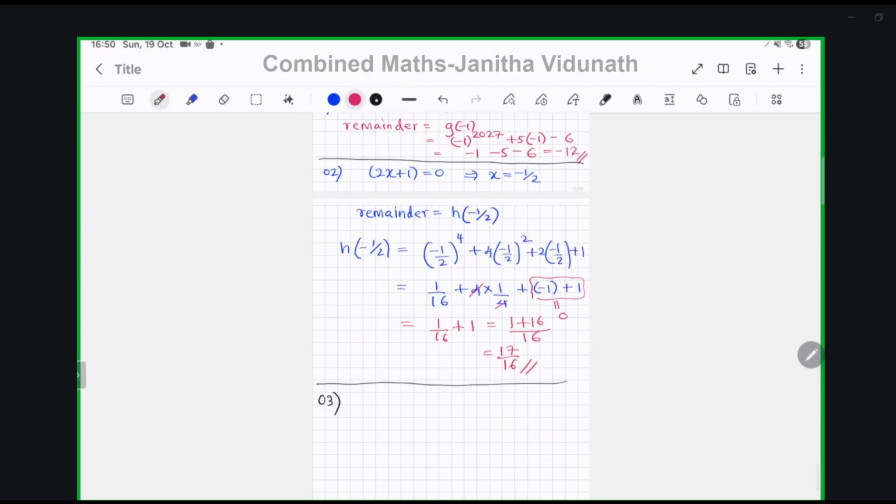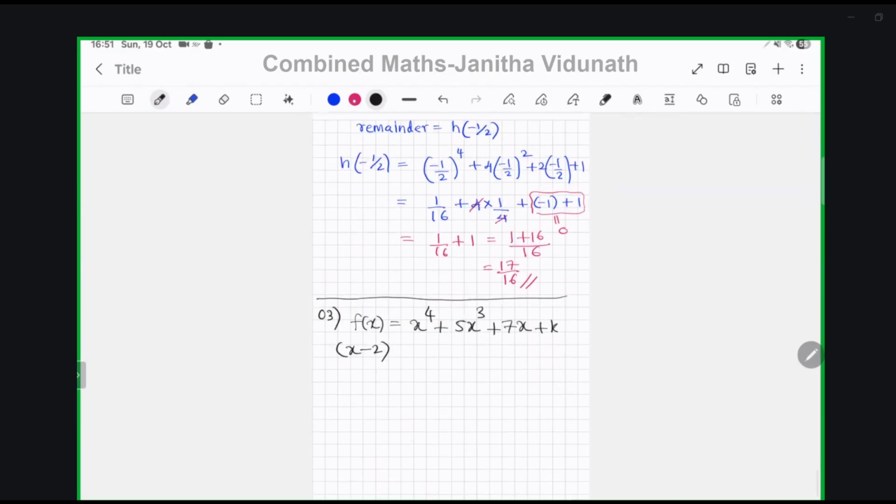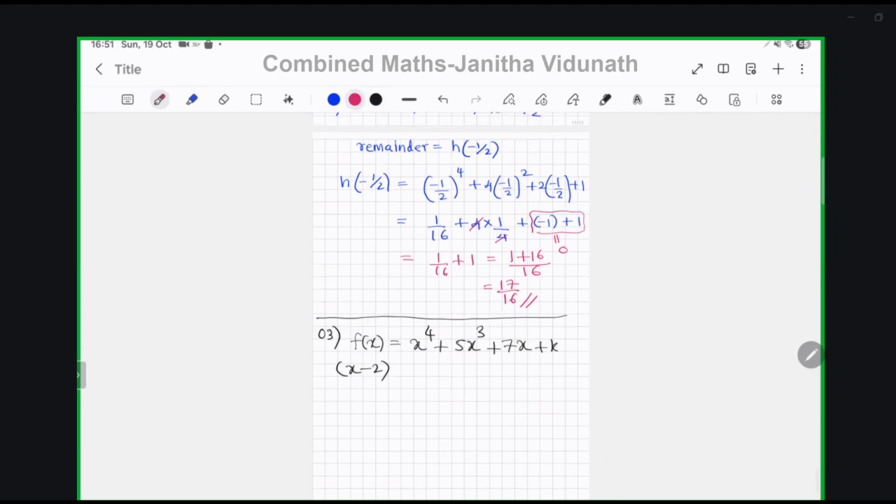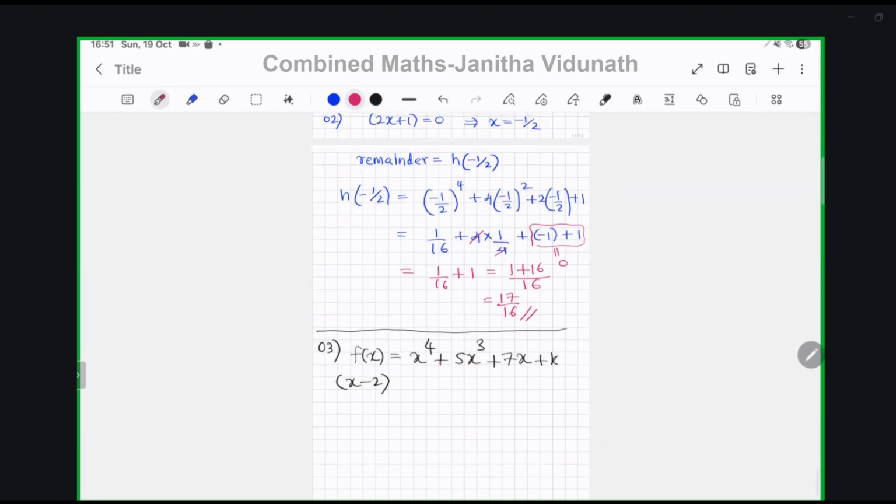Now our f(x) is equal to x to the power 4 plus 5x cube plus 7x plus k. We are dividing by x minus 2. That means our remainder can be found by setting x minus 2 equal to 0. That means x equal to 2.